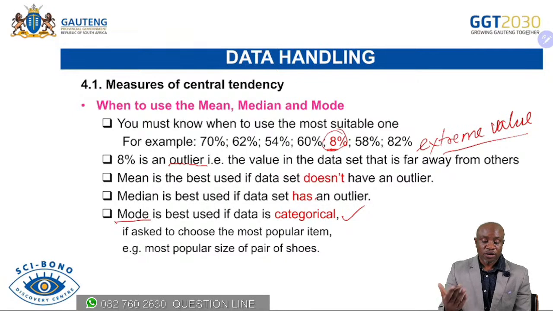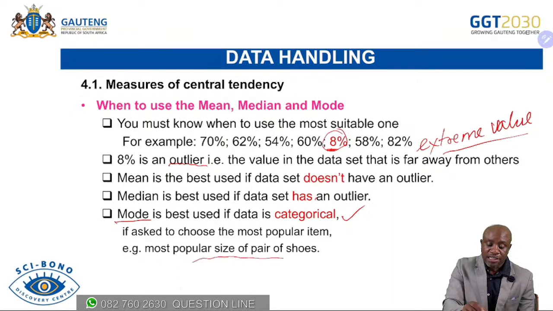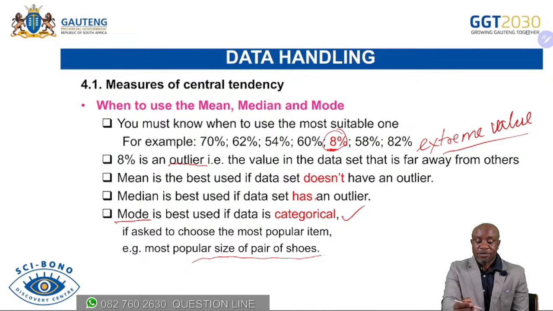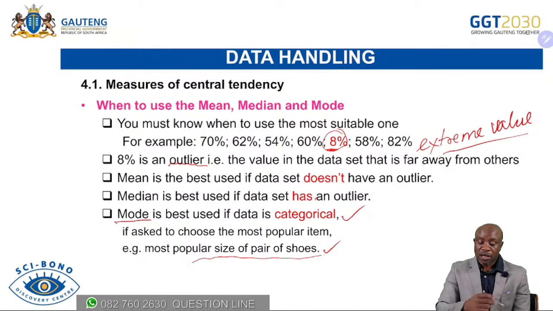We can say the most popular team, or the most popular pair of shoes in a class is size 5, size 8, or whatever. Then we have what we call a mode. So a mode can also be used even if your data is discrete. Remember, the size of a pair of shoes is discrete. So you can use it on categorical data, or even on discrete data, even on continuous data.